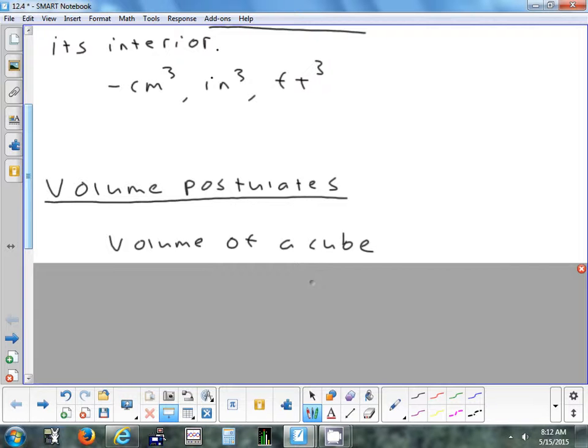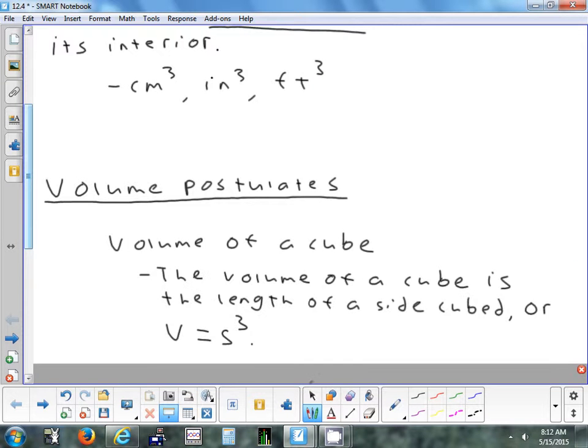And what's special about the length, width, and height in a cube? All the same. So basically, you could just say the volume of a cube is the length of a side cubed. Now the formula Connor gave us is also fine.